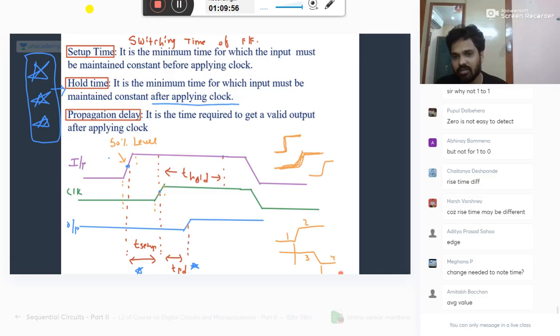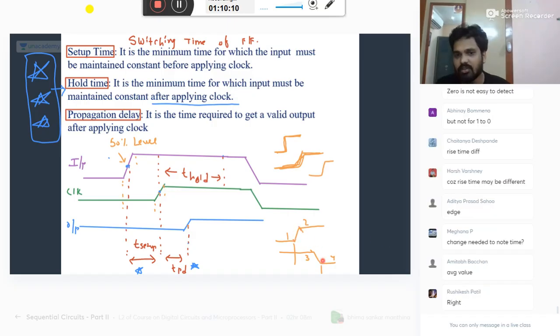What is the delay? You should count from 2 to 4 or 1 to 3, the moment your input has changed and your output has changed. That's why, to avoid this confusion, if you take from middle to middle, there is no problem at all. It will consider your rise time, everything.